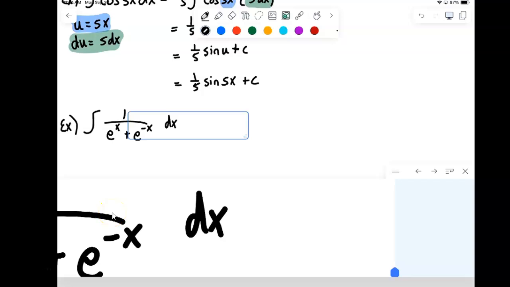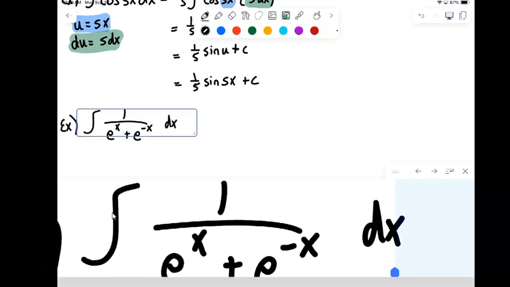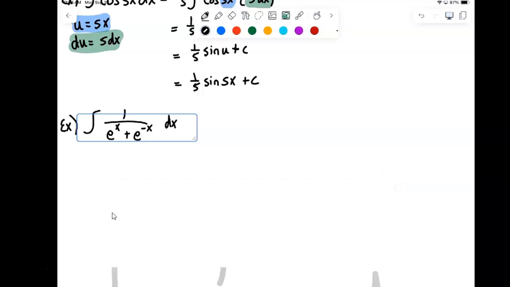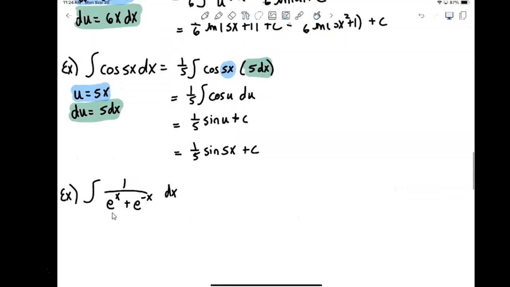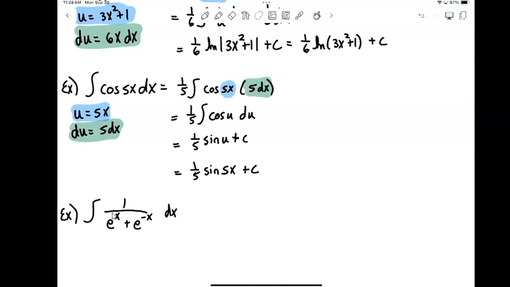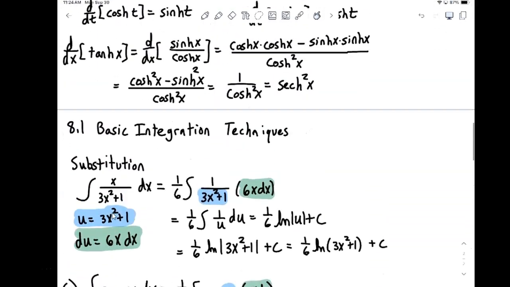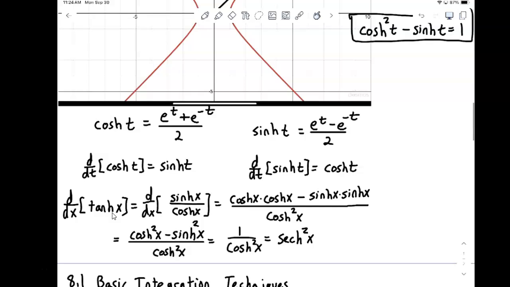Okay, so let's consider this one here. 1 over 1 plus e to the x plus e to the minus x. This is actually a version of the hyperbolic cosecant. Because you look here at our hyperbolic cotangent.